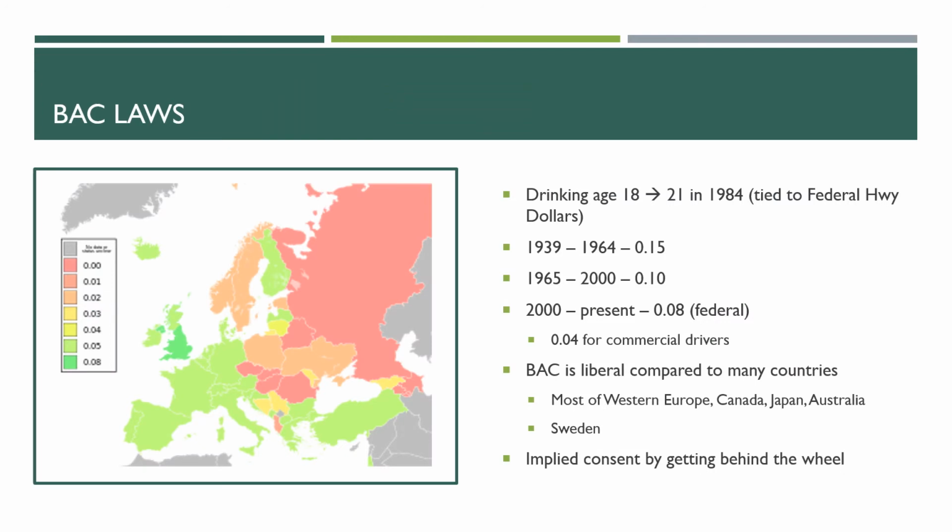BAC laws. The drinking age used to be 18 across the entire country for a very, very long time, but it was increased to 21 in 1984. An organization called Mothers Against Drunk Driving, you've seen MADD, I'm sure, on highway signs and stuff, had lobbied for this really extensively to reduce drunk driving deaths in the United States.